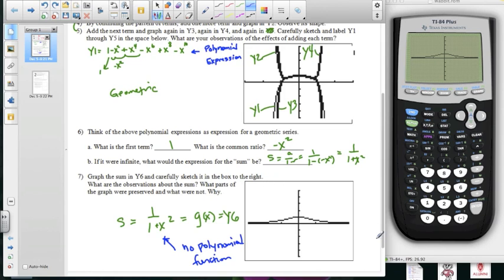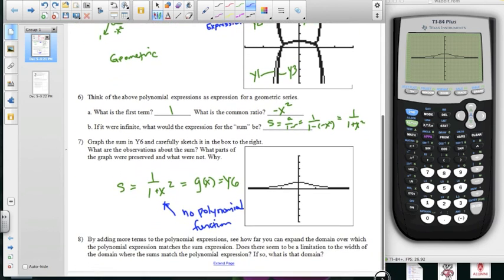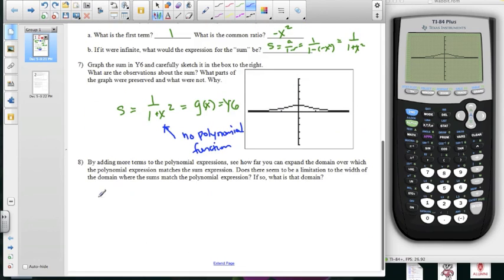But the idea then is, if we were to extend this, if we were to write more and more terms, if we were to put in a y7 here that was 1 minus x squared plus x to the 4th minus x to the 6th plus x to the 8th minus x to the 10th plus x to the 12th minus x to the 14th plus x to the 16th, and so on and so forth, then we start to get this really high degree polynomial, and all we're doing is we're adding up the next terms.